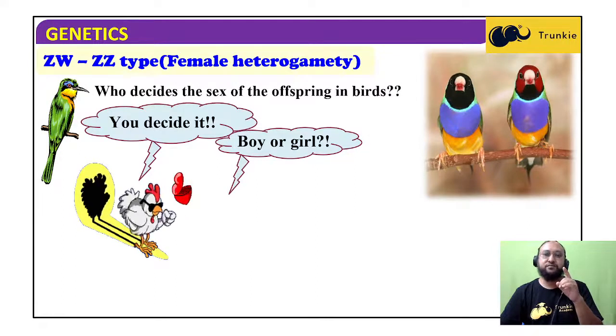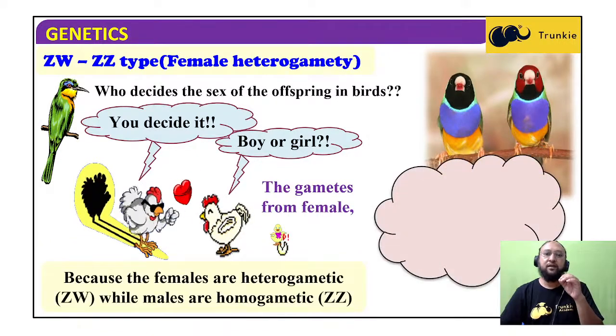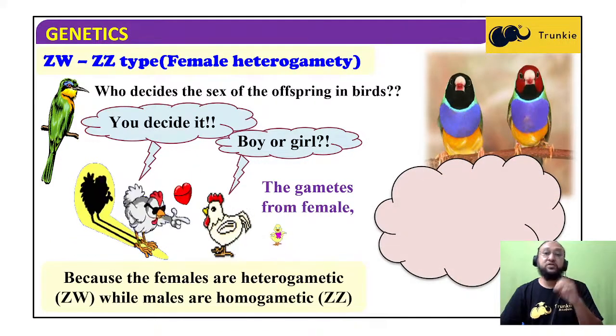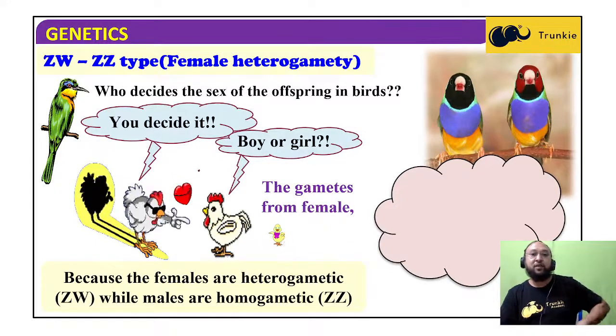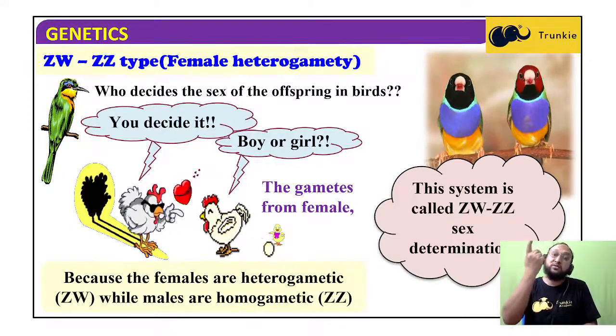Now here the gametes from the female, because the females are heterogametic, ZW, while males are homogametic, so this system is called the ZW ZZ system. In Z0 there was only one chromosome.